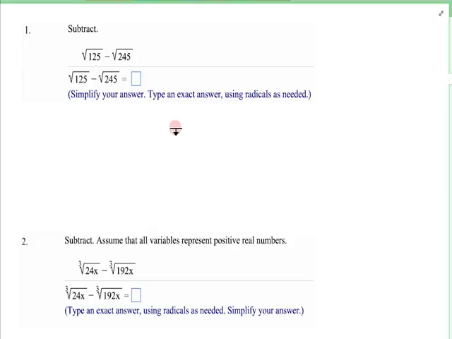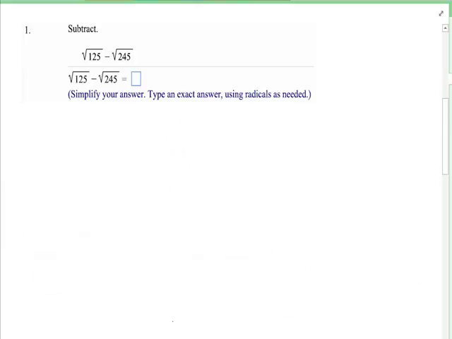I'm going to have to give myself a little bit of workspace. It says subtract the square root of 125 minus the square root of 245. Now those are not like radicals, but they're not simplified either. So over here, I'm going to have my work. I have the square root of 125. Can you simplify that?